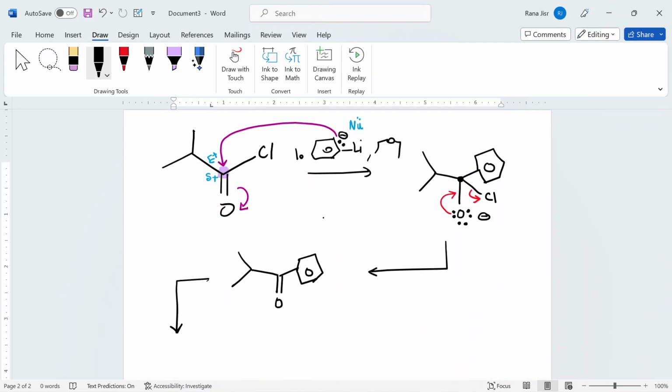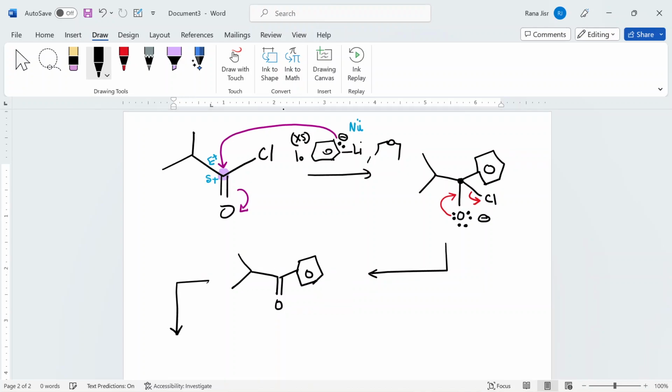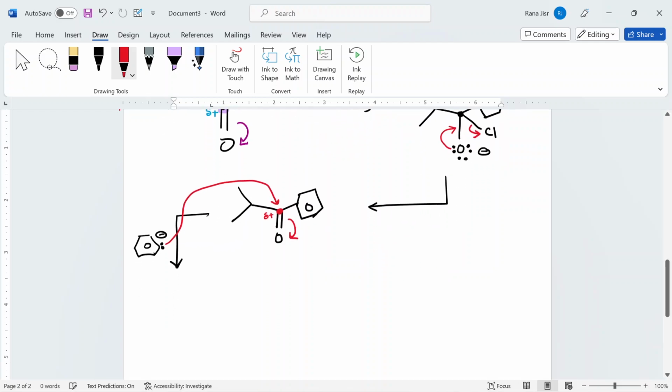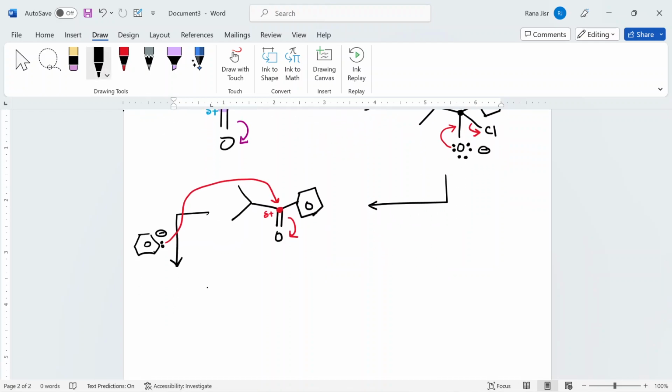So this one is going to be in excess, alkyl lithium in excess. So the R now in the alkyl lithium is going to attack again over here. When it attacks again, it's going to attack the electrophilic carbon, the partial positive side, forming a negative charge on the oxygen in there.